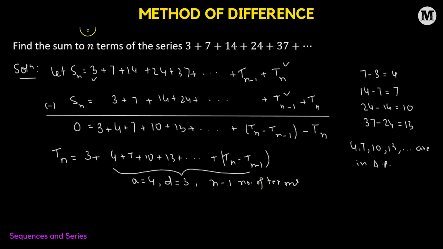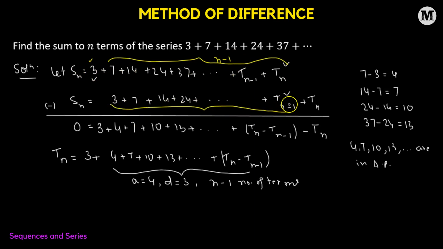Because if we consider the first series as n terms, here we have excluded the first term 3 and considered the second term all the way up to the last term. By definition, Sn has n terms. If we exclude any one term, it's left with only n minus 1 terms. The same goes for the second series. We consider the first term all the way up to the second last term and exclude the last term, that is Tn. So this one also has n minus 1 terms.